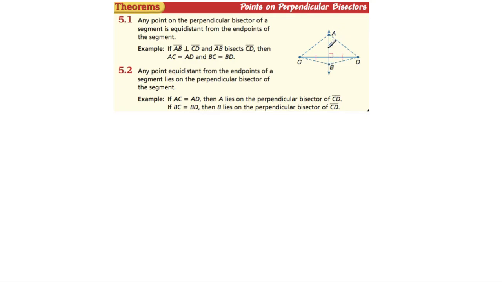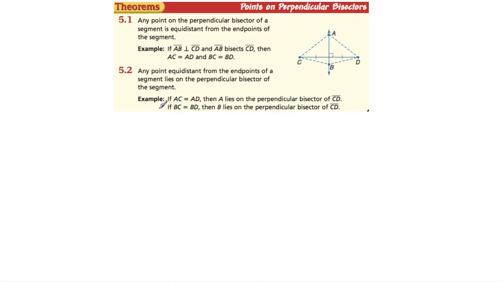So here we can see that if we have a perpendicular bisector, a point on that perpendicular bisector is going to be equidistant from the endpoints. Simple enough. Now if we say, hey, I have some point floating around in space and it's equidistant from the endpoints, that lies on some perpendicular bisector.